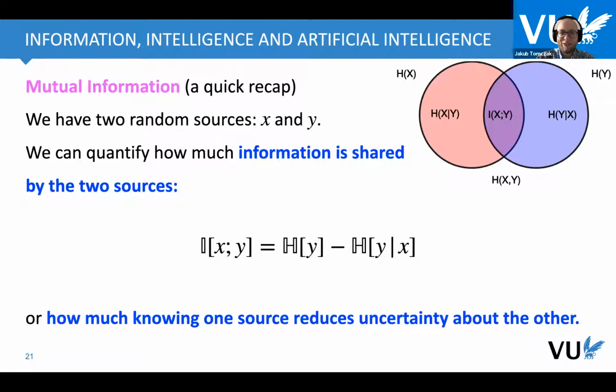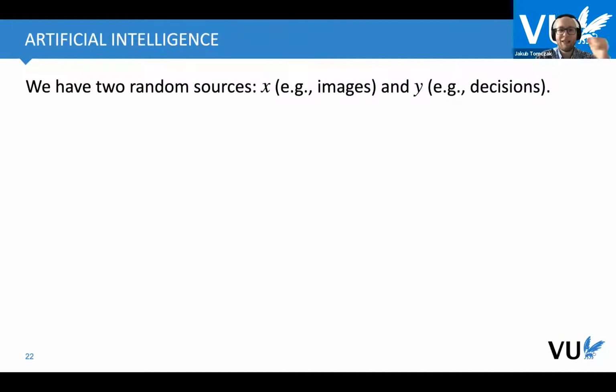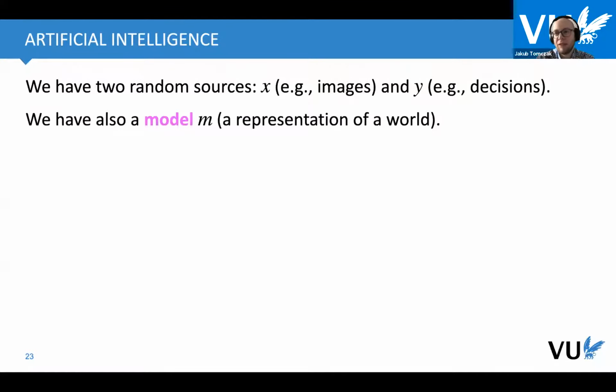All right, so now we are ready to say something about AI, really AI. So let's say that we have these two sources of randomness, some images, some decisions, something that I talk about all the time right now. And we have some model. Let's say that we have whatever, it could be a neural network, it could be any other model, it could be a brain, like in our heads.